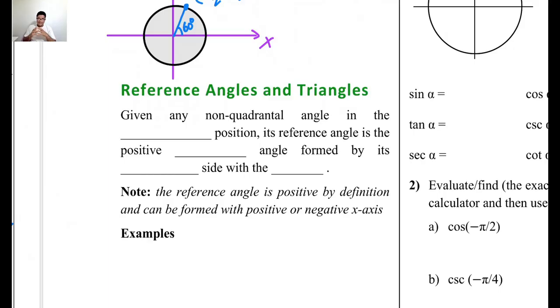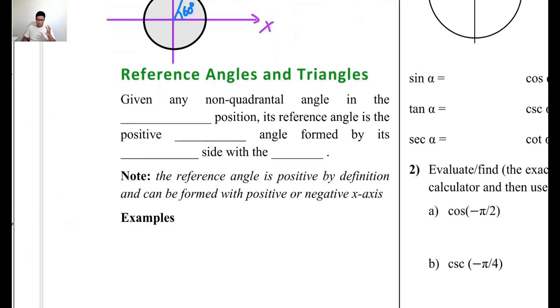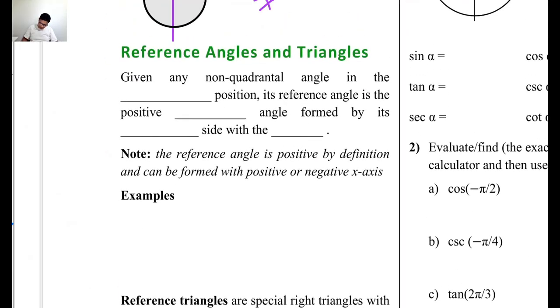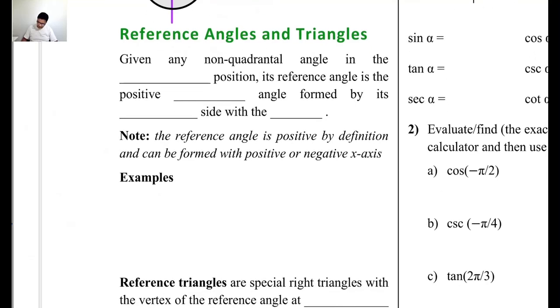Reference angles and triangles. Now, suppose the situation is, or let me draw a new diagram. Why make that messy? Here.